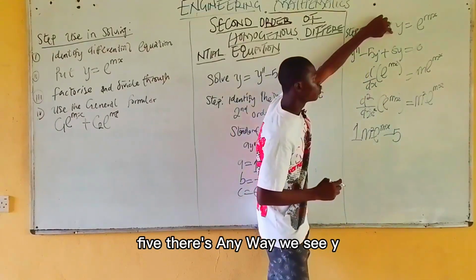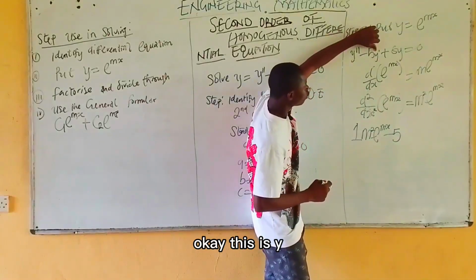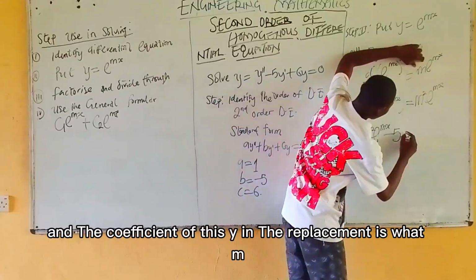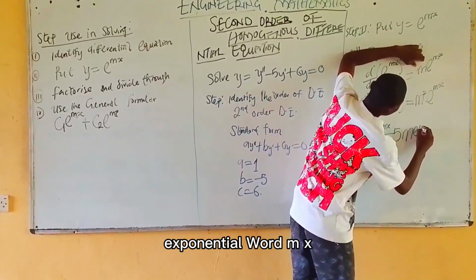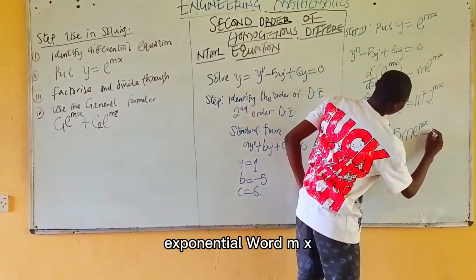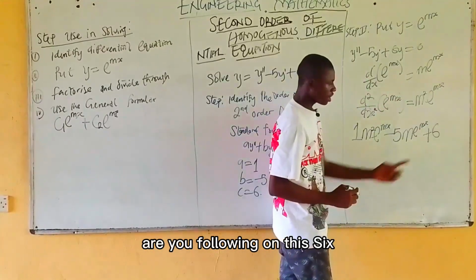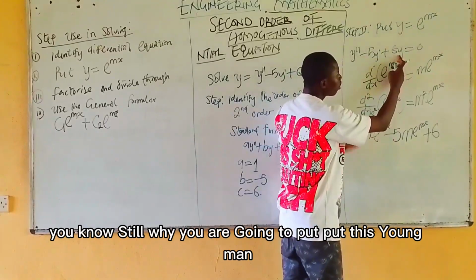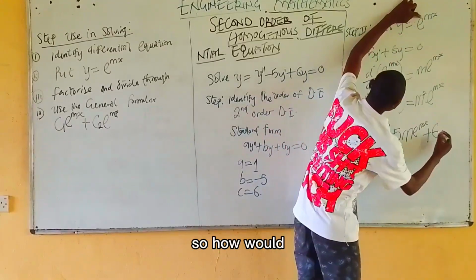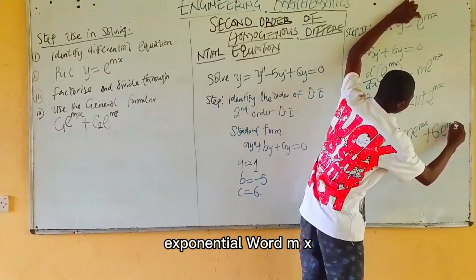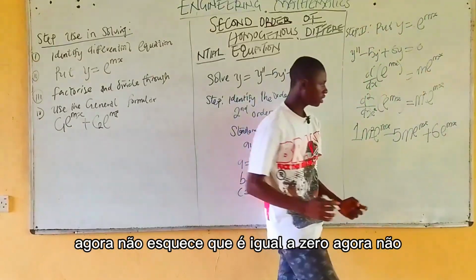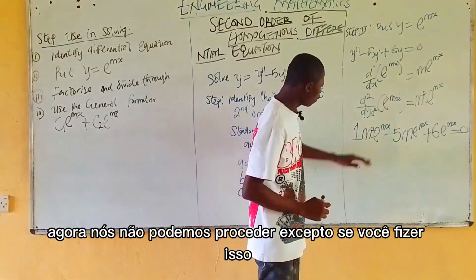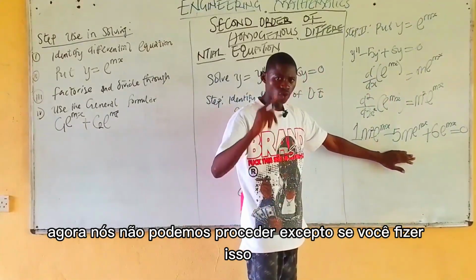Anywhere we see y', we replace it with this, and the coefficient in replacement is m e^(mx). Plus 6. For this 6, we put y, still replacing it with e^(mx). So we have e^(mx). Don't forget it's equal to 0. Are you following now? You know that we cannot proceed except we do this. Please pay attention.